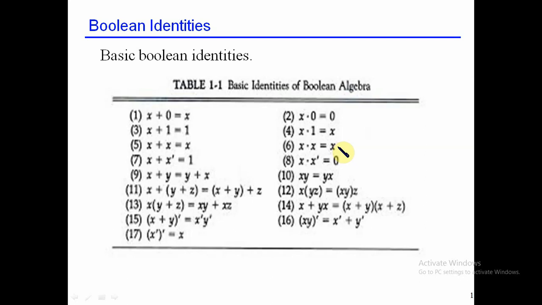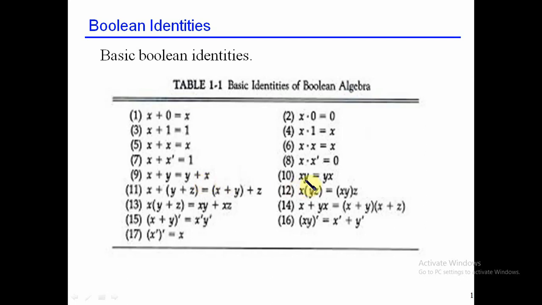X into x, we also take x. X plus x complement, this is the seventh law, we have to take 1. X into x complement is 0. We call into the AND gate, otherwise x multiply x complement. Ninth law, x plus y is equal to y plus x.